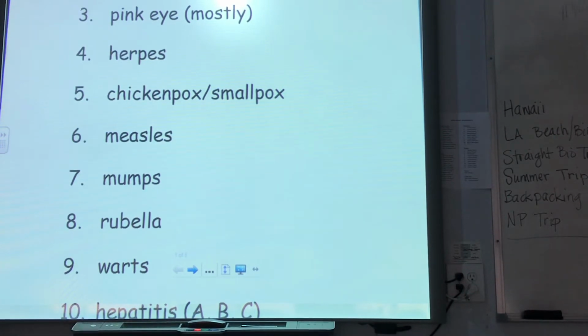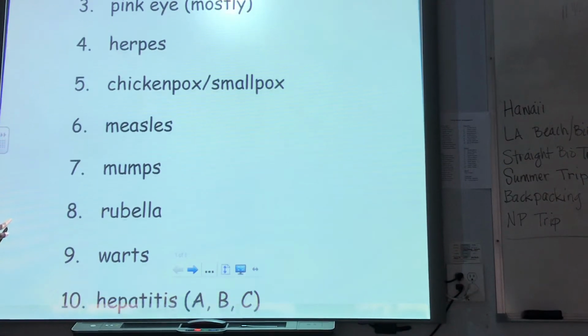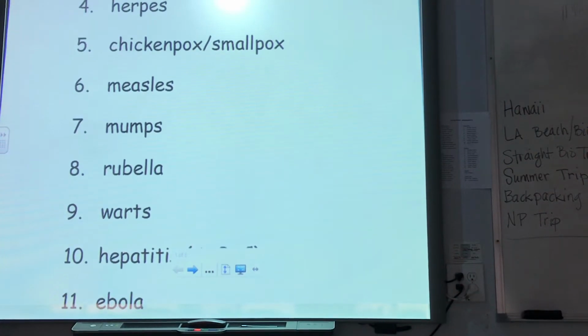Okay, herpes, which is a sexually transmitted disease. It produces sores on genitalia. We will talk about this more during the reproductive health part of health class, but herpes is a virus. There are actually two types of herpes virus, or at least two that I know of for sure: herpes simplex and herpes zoster.